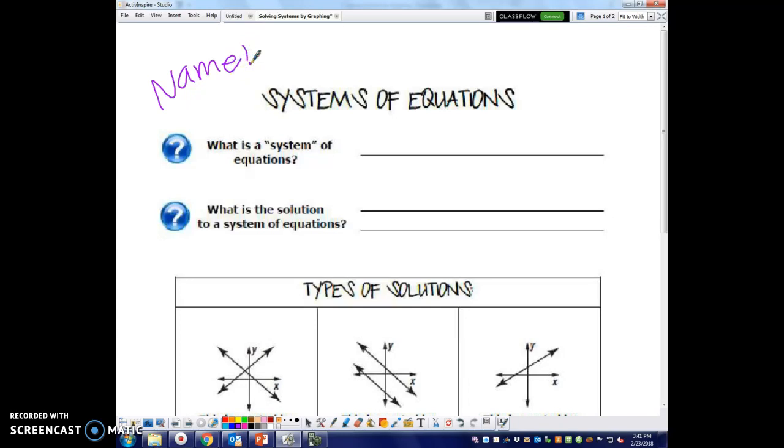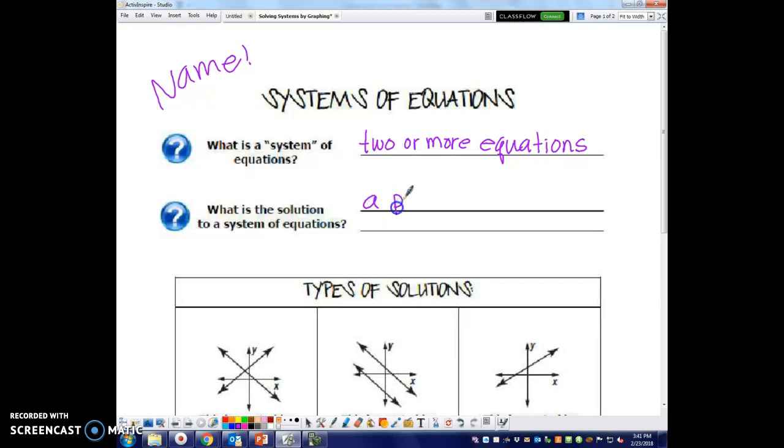Okay, so the first question, what is a system of equations? It's two or more equations. Two or more equations. What is the solution to a system of equations?